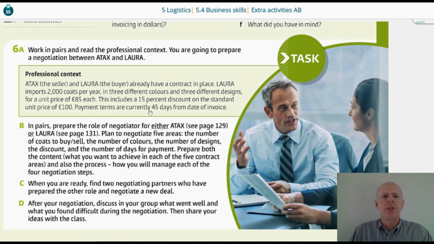Payment terms are currently 45 days from date of invoice. So they order, and then they receive the products, and after that they have to pay, right?